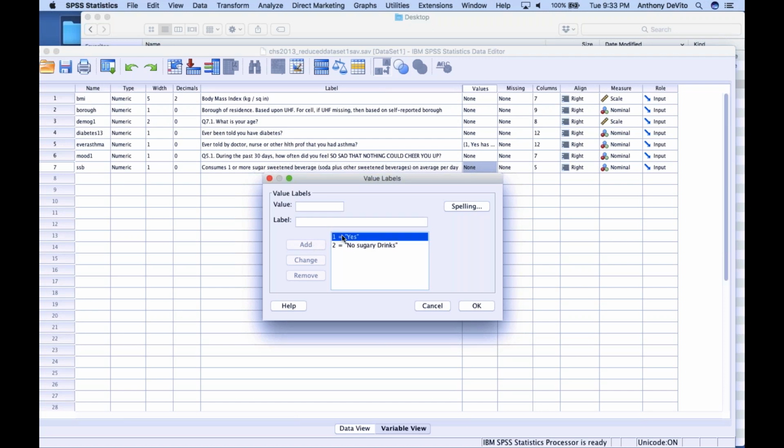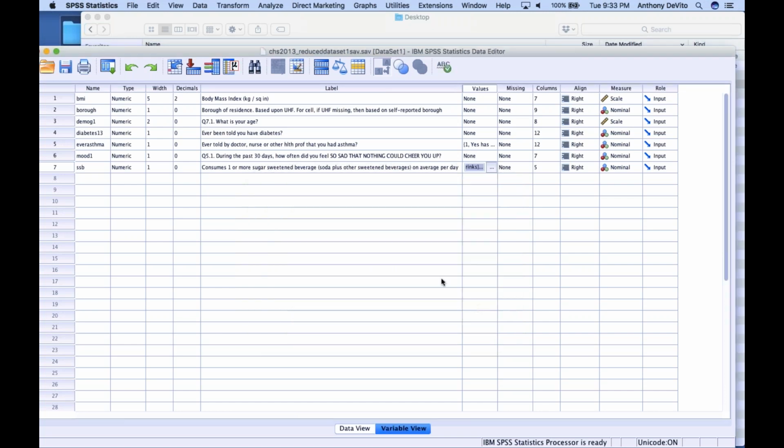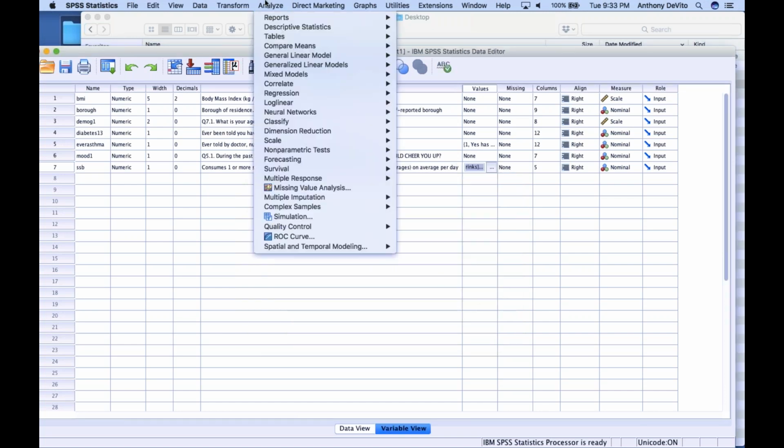Okay, I'm going to modify 1 just a little bit. It's going to make our table a lot more intelligible. I'm going to click OK when I'm done. Okay, so let's look at that table again.